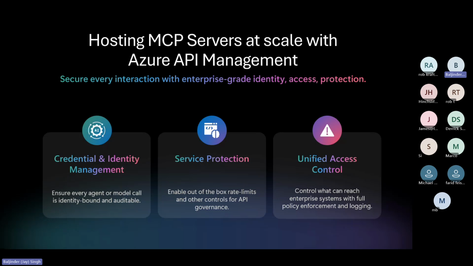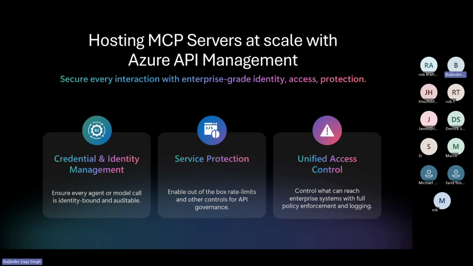APIM provides credential and identity management so that every agent or model call is authenticated, authorized, and auditable. APIM also provides out-of-the-box protections, such as rate limiting, throttling, and quotas. And finally, APIM also provides unified access control and controls what can reach enterprise systems.